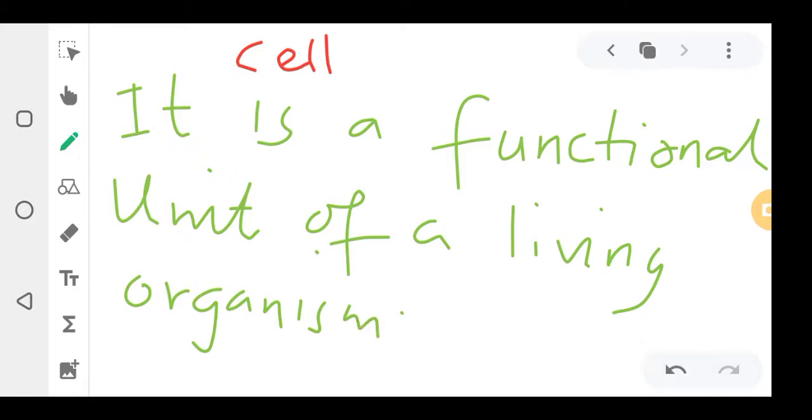Okay, so a cell is a basic unit of a living organism, or a cell is a functional unit of a living organism.